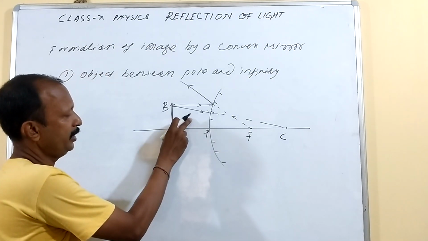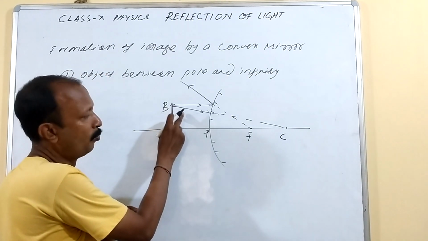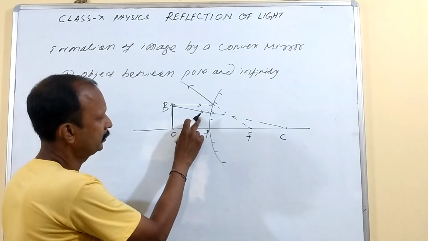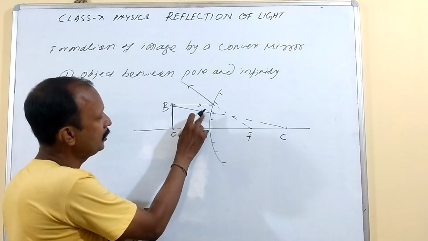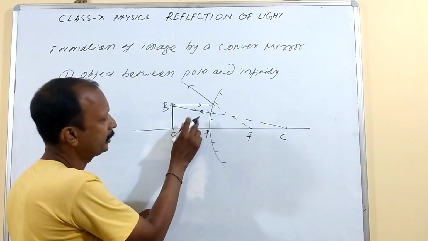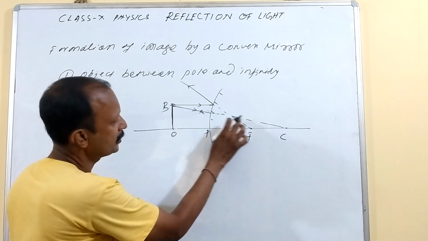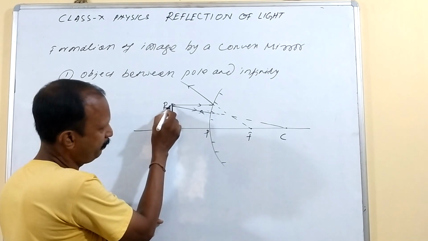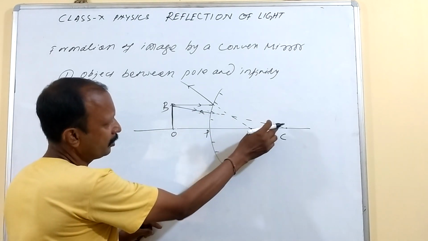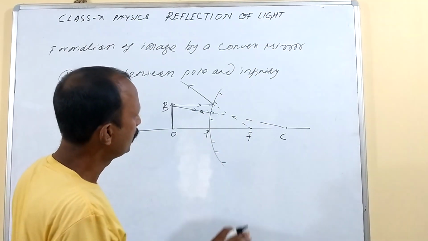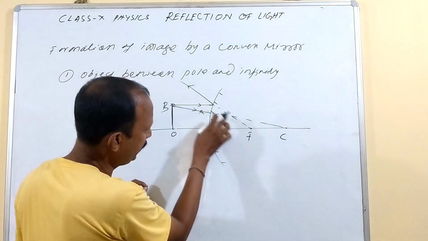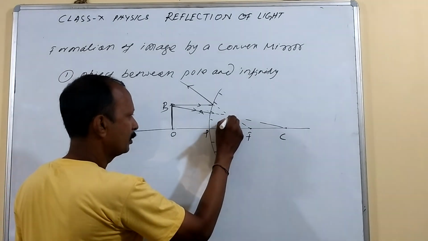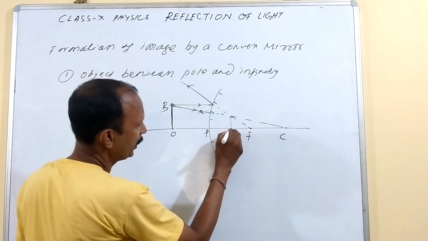In one rule I said, if any light ray moves towards the center of curvature, it reflects back along the same path but in the opposite direction. Light ray came here, it goes back, but it seems that it is coming from here. So both the extended rays meet together here. That means this is the place for the image.